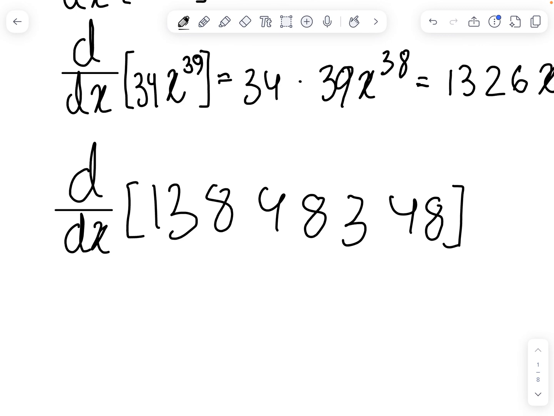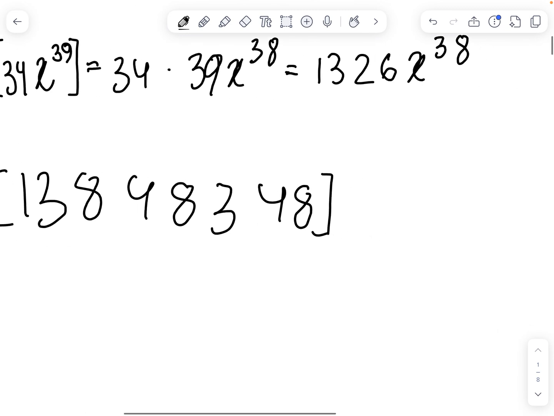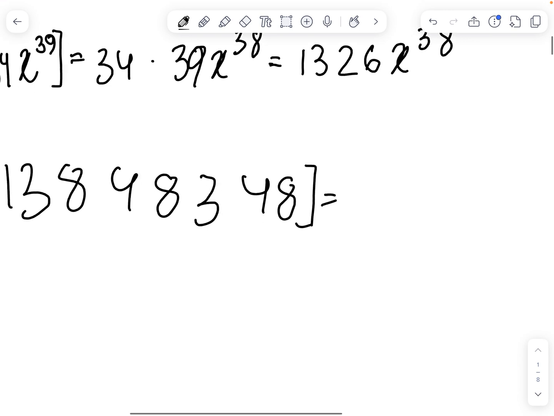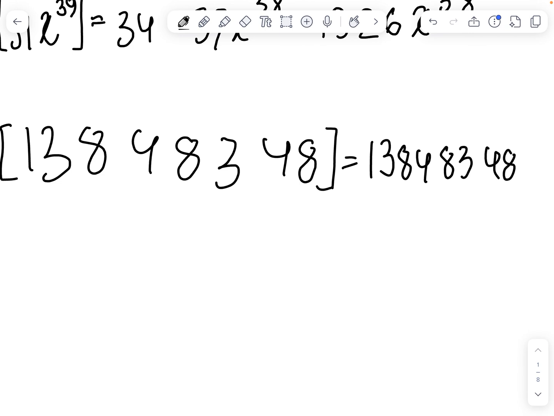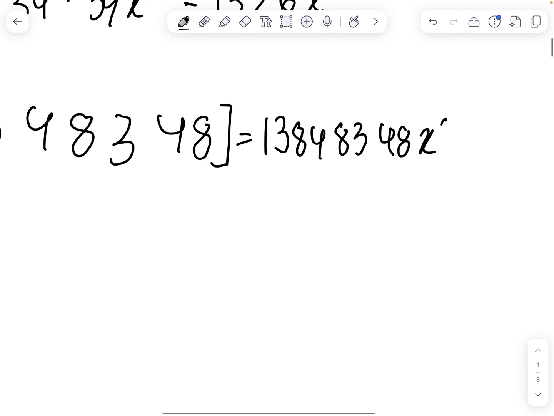Since there is no x, let me show you. This would just be equal to 13848 x to the power of 0.